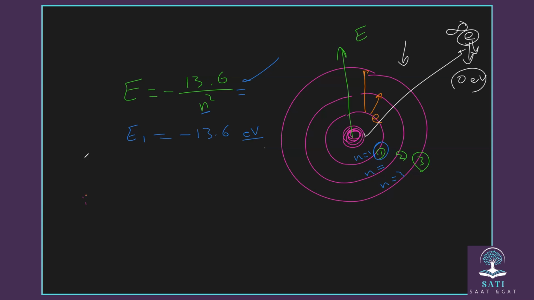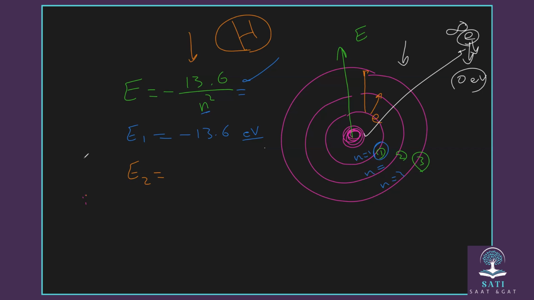Okay, what about if we are counting the energy for the second level? What will be the energy of the second level of the hydrogen atom? And we are talking about the hydrogen atom, and this formula is only for the hydrogen atom.